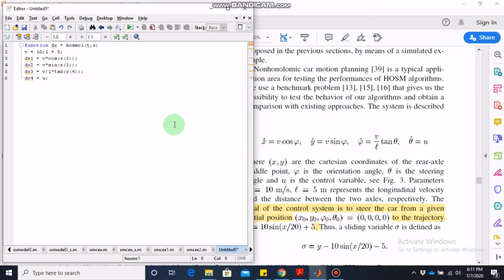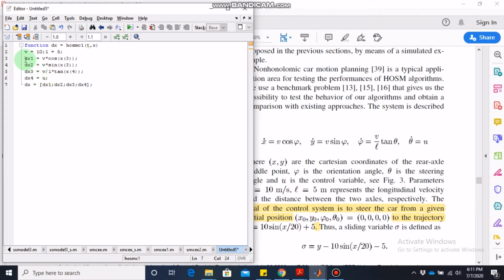So now, finally dx, which is the full state vector, actually dx is the derivative of the state vector, x is the state vector, x is x1 x2 x3 x4 for us, so dx will be dx1, dx2, dx3 and dx4. So this is how you can write the function, but it's not complete yet because we have not defined what is the u here.